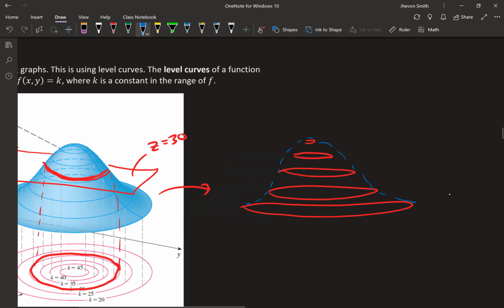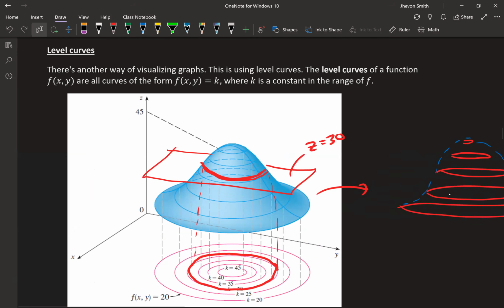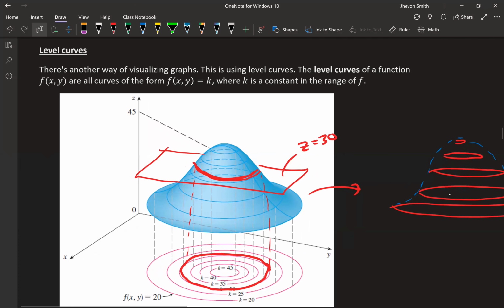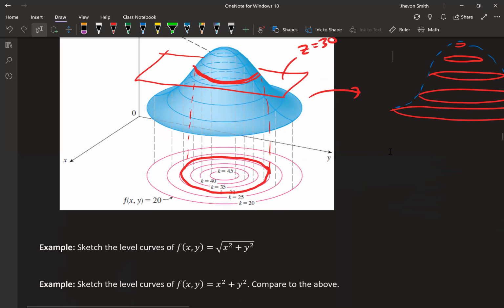It takes something that would exist in 3 dimensions and gives you a 2D representation. So what you'll notice is that these are 2D level curves of a 2 variable function. Our 2D representation.